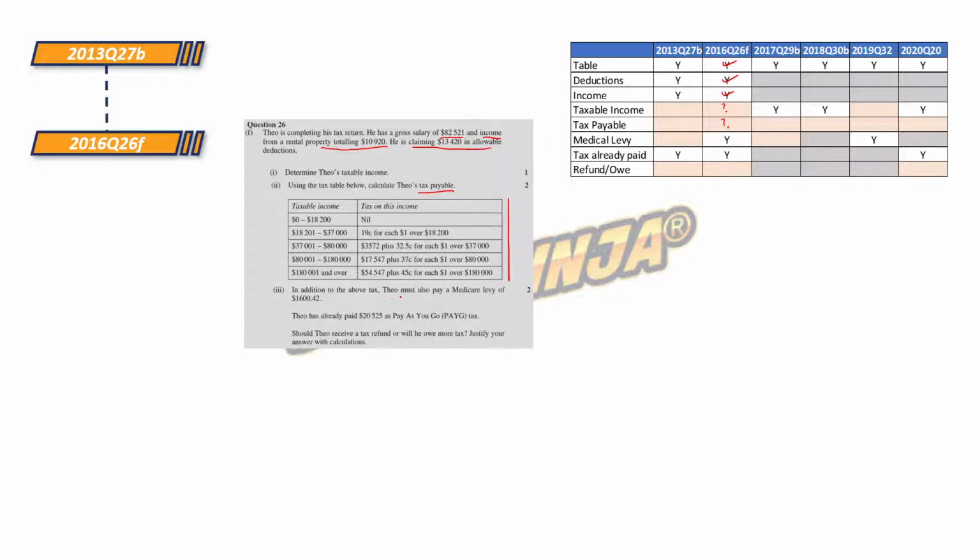Then they go further and say he has paid a medical levy of this much. So you're already given what the medical levy is. You are also told that he has already paid 20,535. And then what they're eventually asking you is, what is the amount that he owes, or will he get a refund.